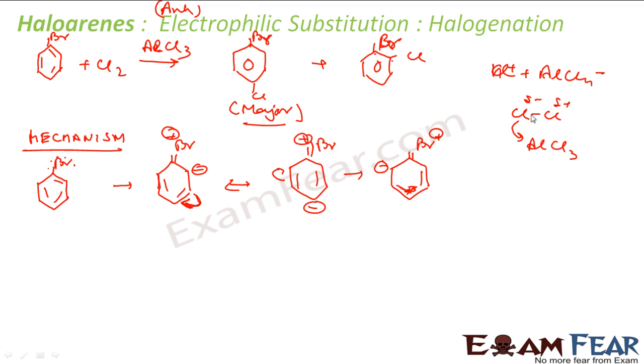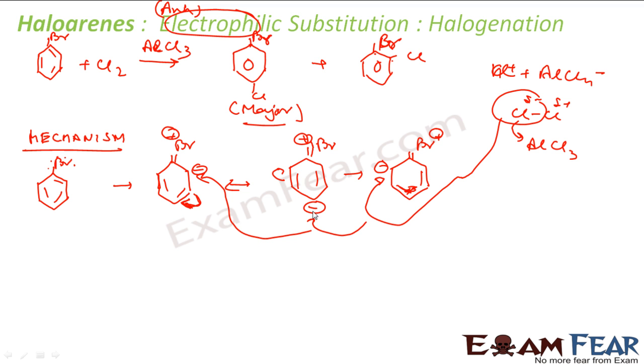So this will form the electrophile Cl plus. That is the reason why we are using AlCl3. Now the Cl plus, which we have got here, can attack any of the negative sites. Hope you understand. This is my AlCl3, when it is in touch with Cl2, it will attract this Cl with a negative sign, so it will become AlCl4 minus and Cl plus.